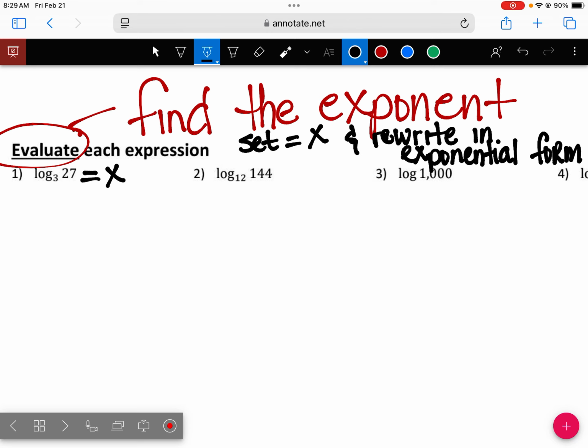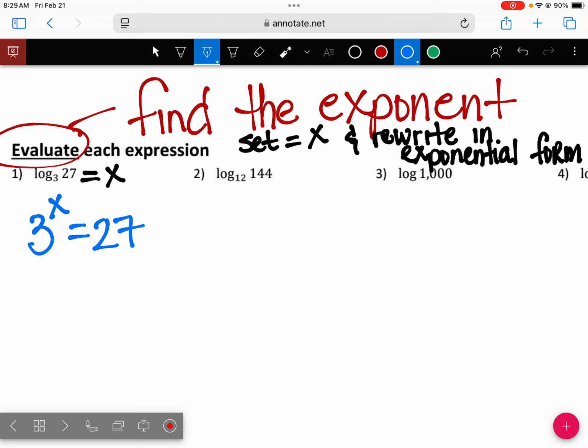So if I set number 1 equal to x, it would become 3 to the power of x equals 27. Then use your calculator to figure out what our exponent has to be. 3 to the what power is going to give me 27? Don't say it out loud. You can do trial and error. Try to figure out how many times we have to multiply 3 to get to 27.